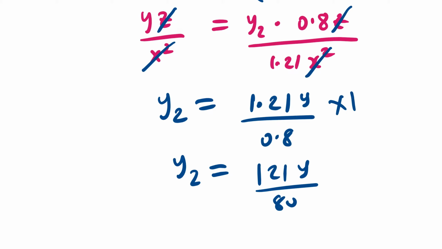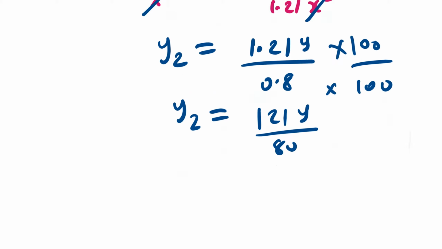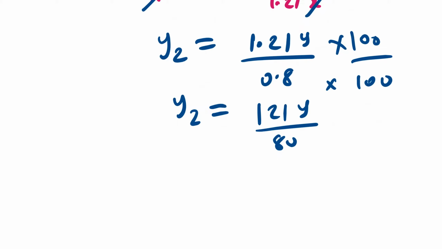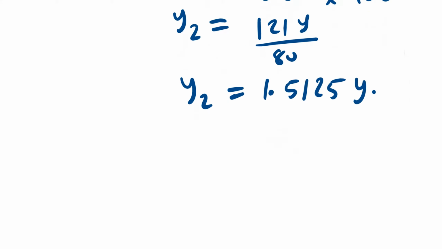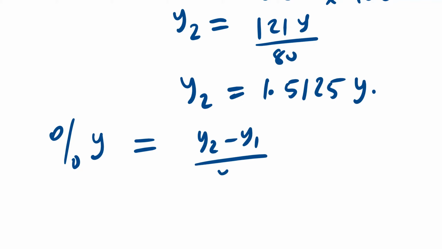If you multiply here by 100, you multiply also in the denominator by 100. So you have 121 divided by 80. So y2 will be, take 121 divided by 80, the result is 1.5125y.